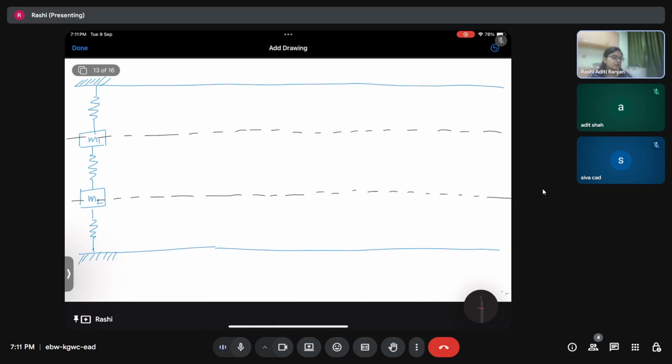So if you remember, the ratio was 1, which means if x1 was going up by some amount, x2 was also going up by the same amount. So if the mass m1 is going up, mass m2 is also going up by the same amount. If mass m1 is going down, mass m2 is also going down to the reference, and the amount is also the same.